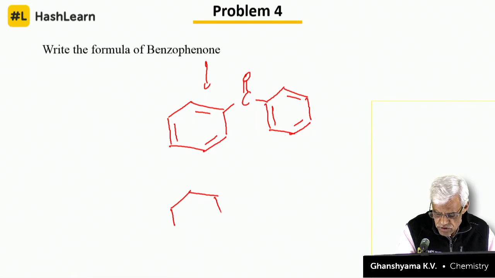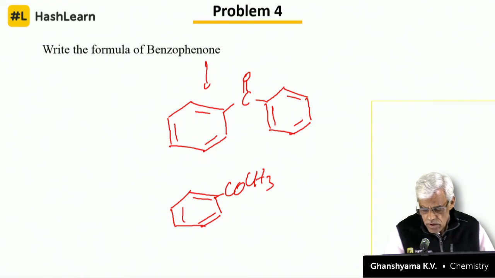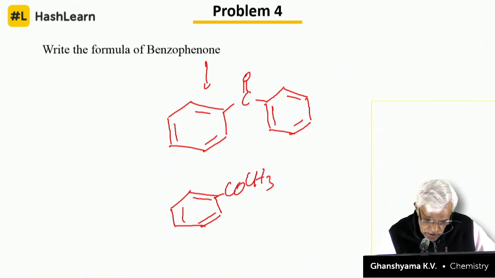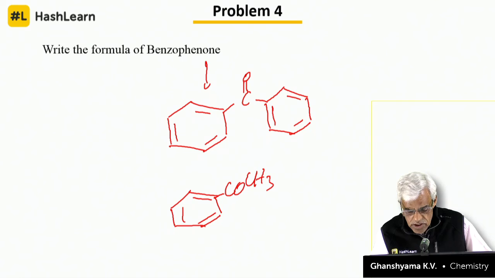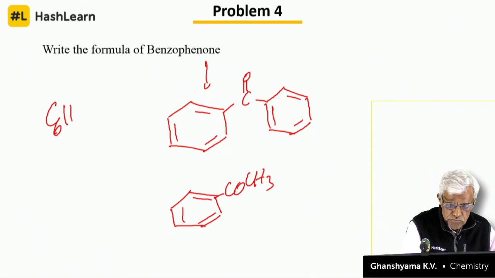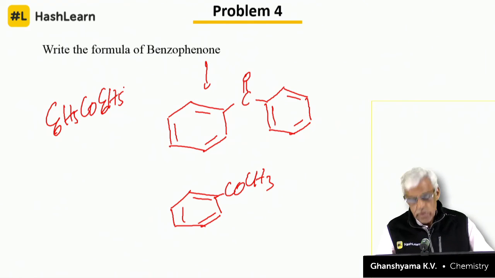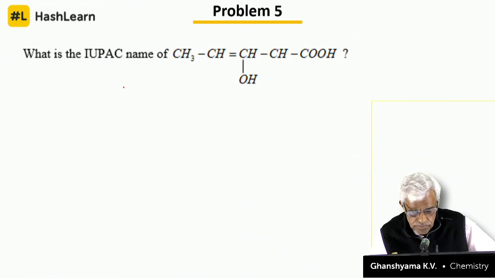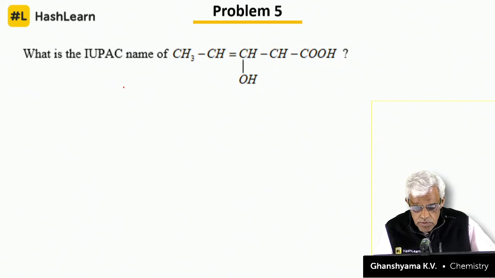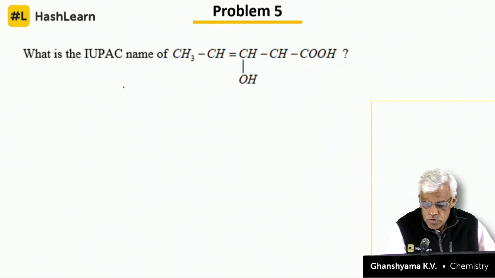Acetophenone is COCH3. Acetophenone is C6H5COCH3, whereas benzophenone is C6H5COC6H5.